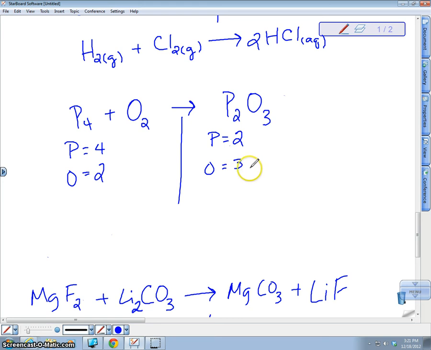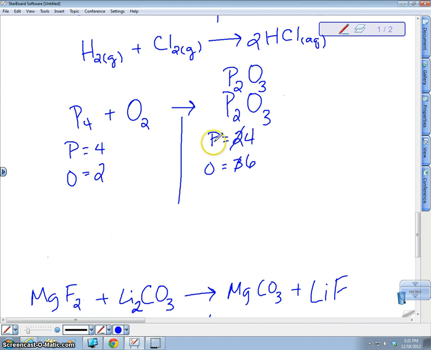So, since I need more phosphorus over here on my product side, I'm going to add it by adding a whole another molecule of diphosphorus trioxide. Now, I have 2 and 2 is 4 total phosphorus, 3 and 3 is 6 total oxygens.